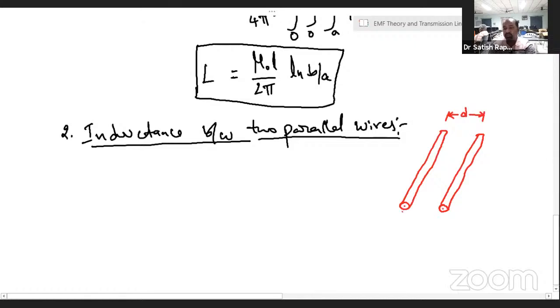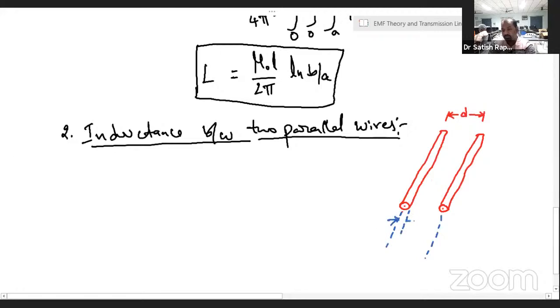So this is the center axis, and the radius means from here to here.